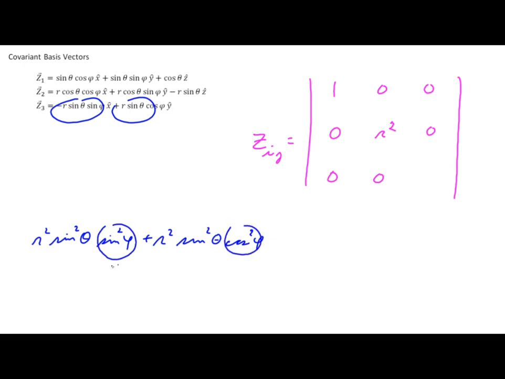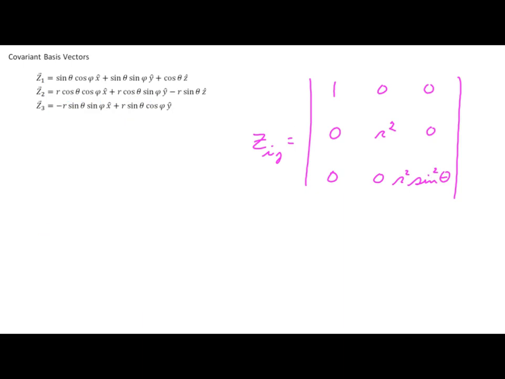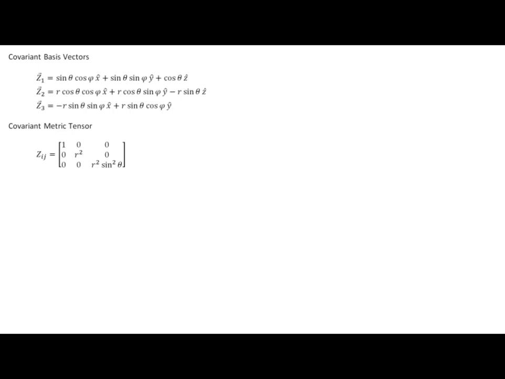When we see these things, we know that the end result is going to be just r squared sine squared theta. And that indeed is the value of z33. So there's our covariant metric tensor. And if we look at the lengths of our basis vectors, it's simply the square root of these items, giving us the magnitude of those vectors.